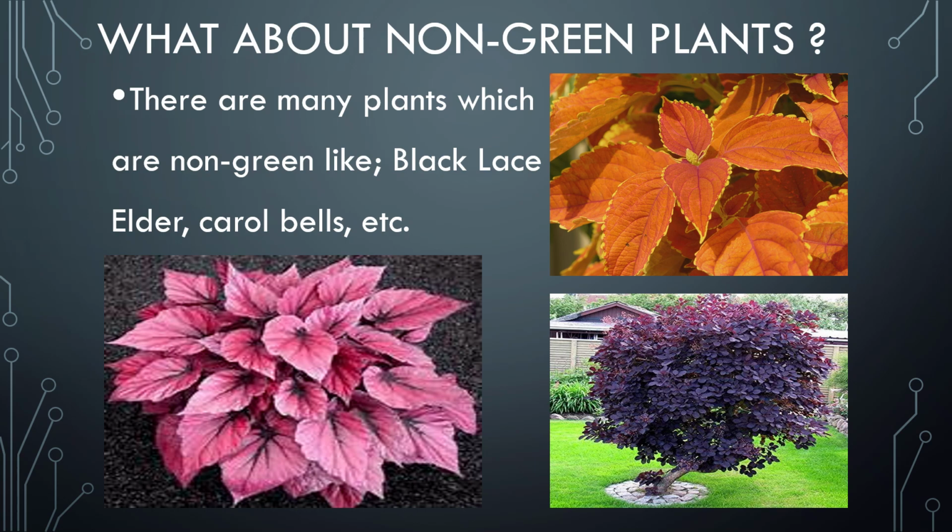There are many non-green plants, like black lace, ladder and colored bells, etc. It does not mean they are green in color, but they do have very light chlorophyll and other pigments. In the first picture, it's orange, and this leaf has more orange pigment than chlorophyll.